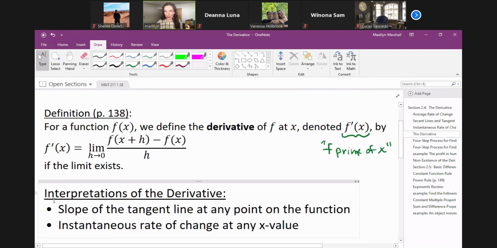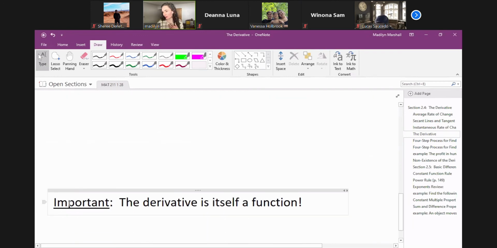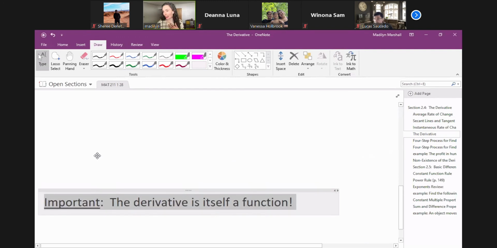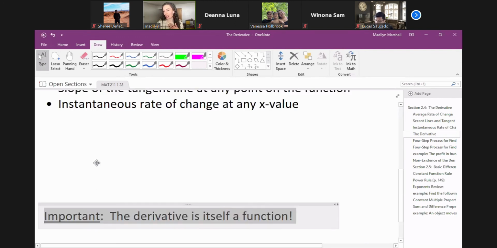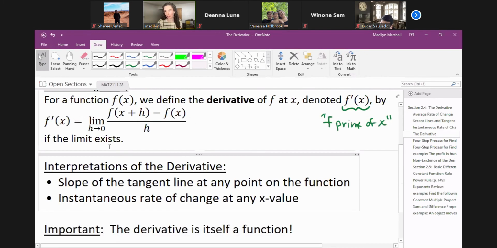The other important thing about derivative, which we'll see when we do a couple examples, is the derivative is itself a function. So when we did the instantaneous velocity just now, we were doing it for one specific x value, but we can find just the general derivative without plugging in an x, and then the derivative is itself a function as well.